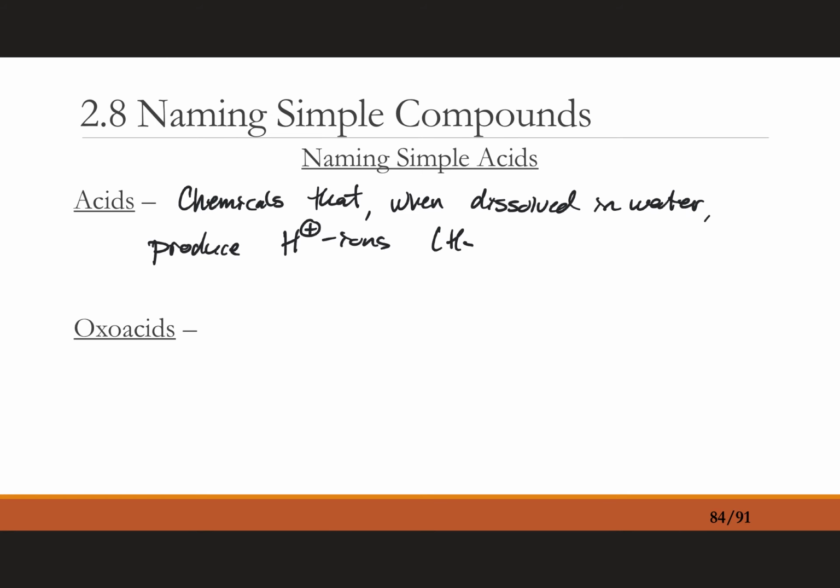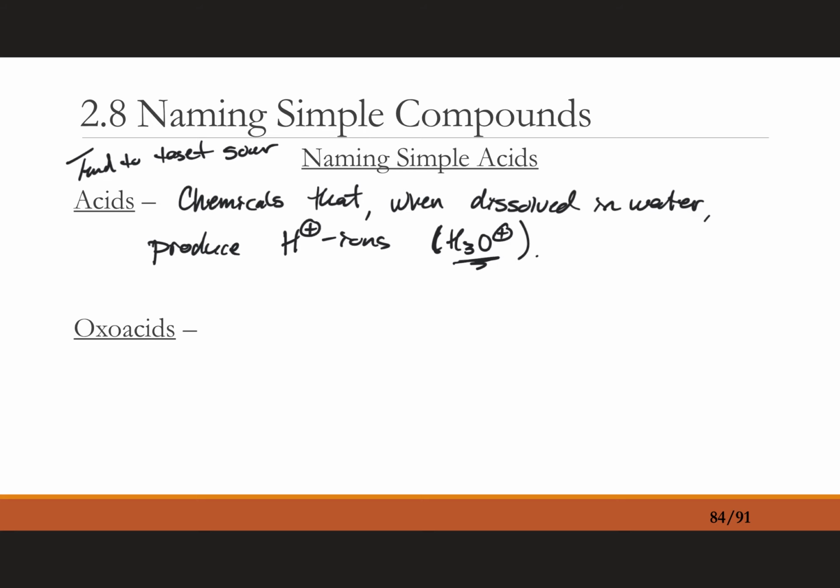Or in reality, those are not H plus, but H3O plus ions. They tend to taste sour. Anything that's sour is going to have a bit of acid in it. So they produce these H plus ions, so to speak. Technically, they're going to give up a hydrogen to water.